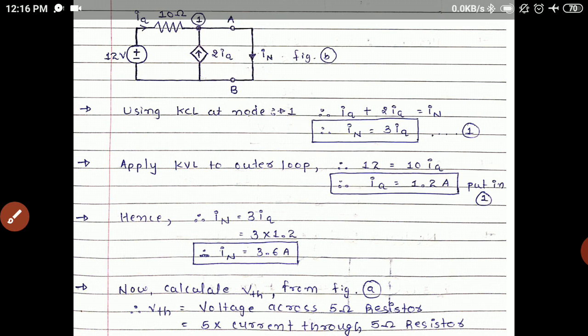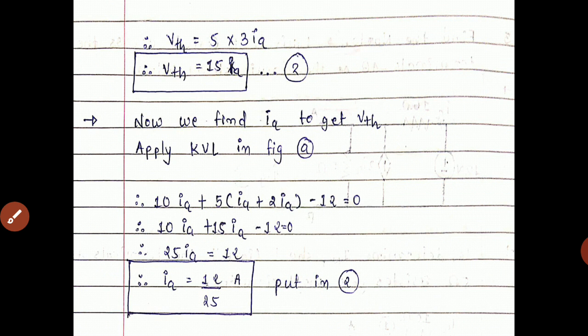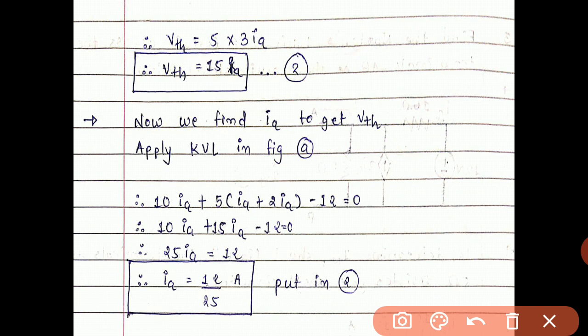So we can easily write that VTH equals 5 multiplied by 3 into IA, simply Ohm's law. So 5 multiplied by 3, we get 15 IA. But we do not get the exact value of VTH, because for that we have to find the value of IA.